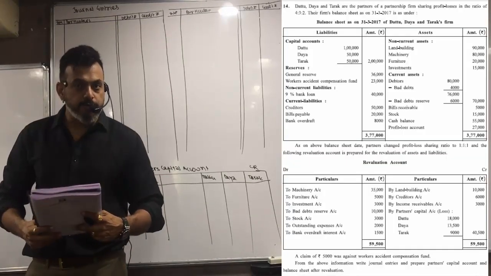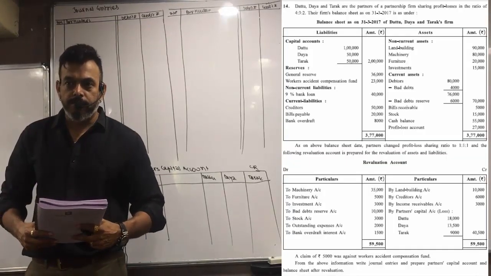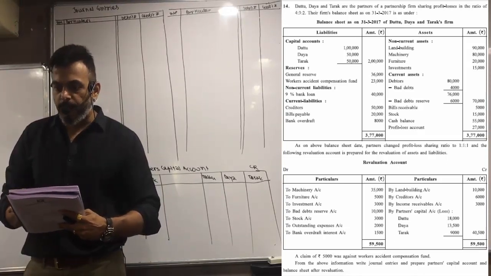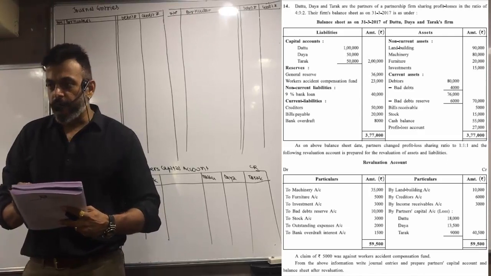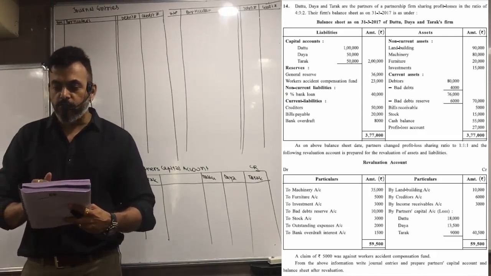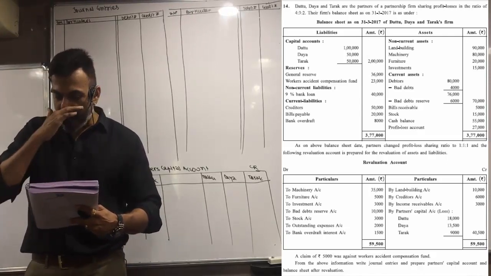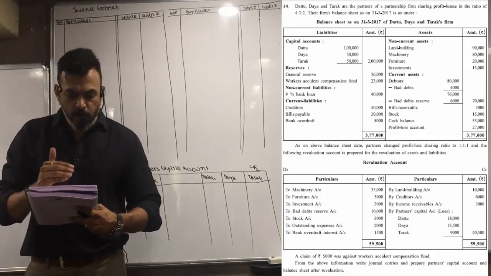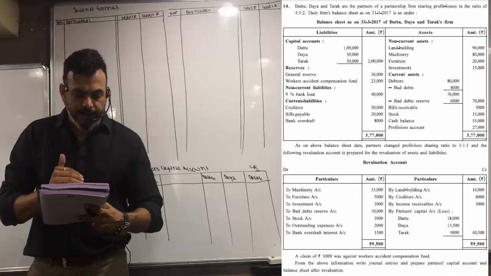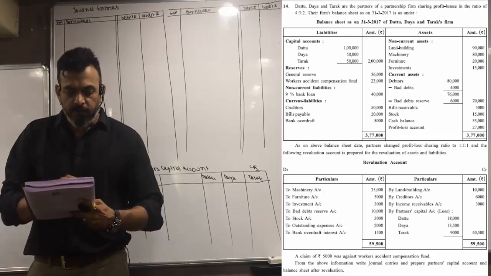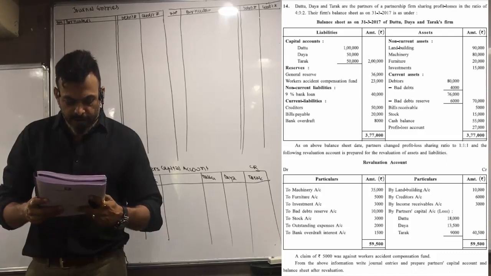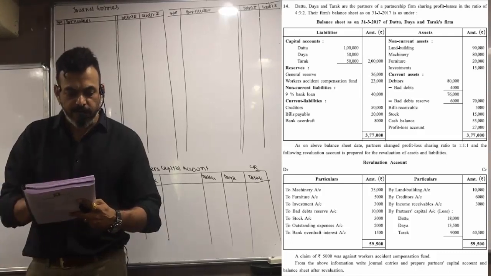Page number 142, question number 14. Tattu, Daya and Tarak are partners of a partnership firm sharing profit and losses in the ratio of 4:3:2. Their firm's balance sheet as on 31/3/17 is as under. Now the balance sheet is given, let's go through it. Capital is given, reserves. General reserve is given and workers' accident compensation fund is given.